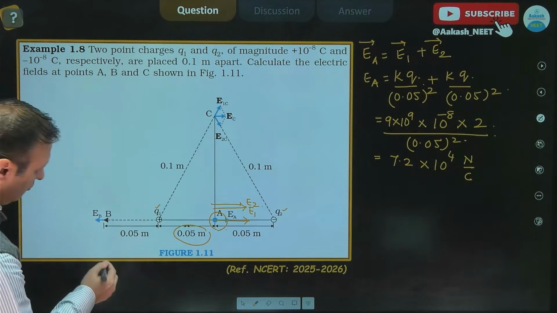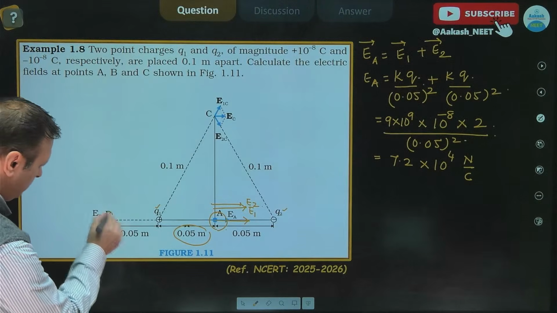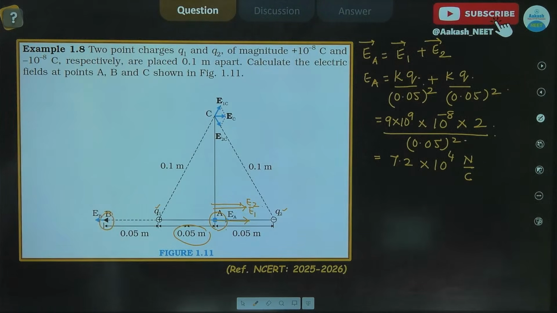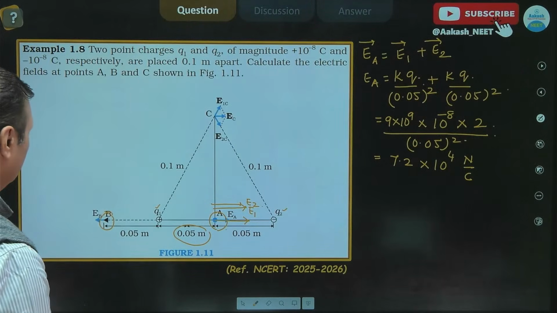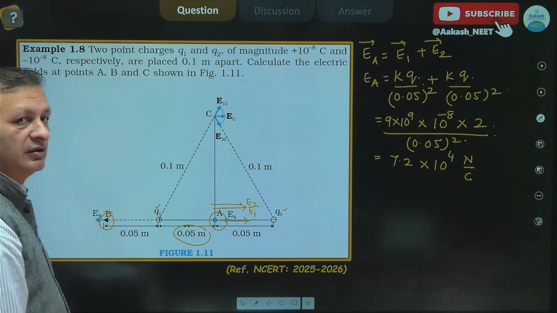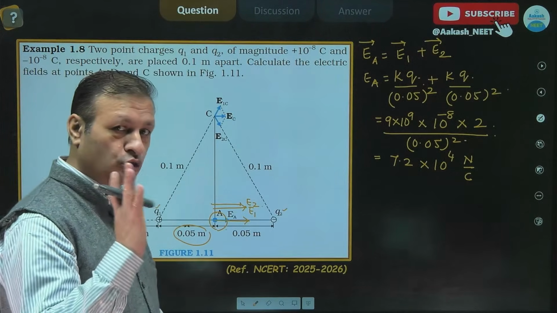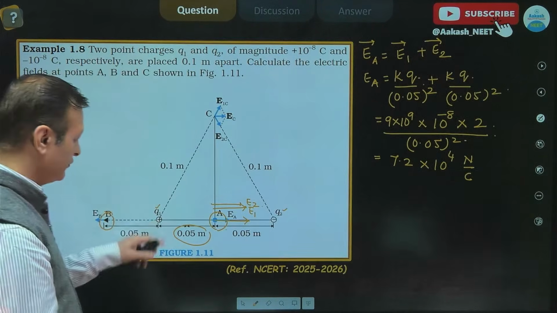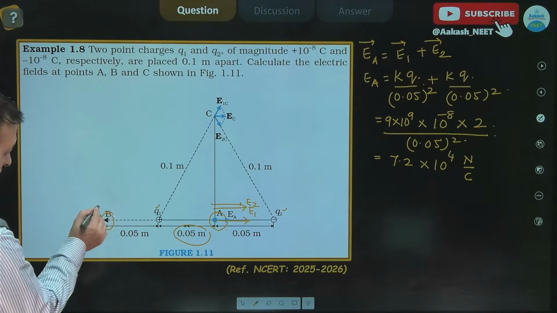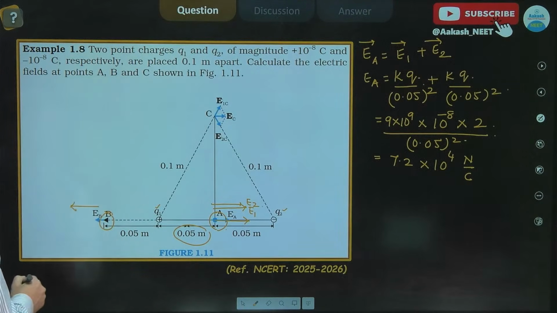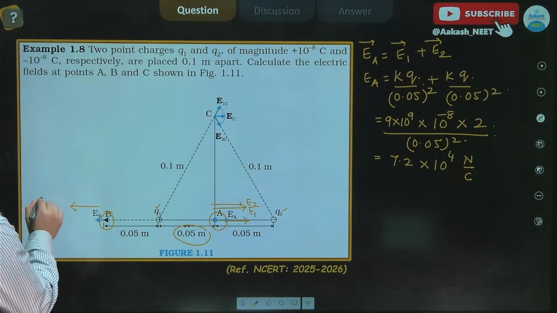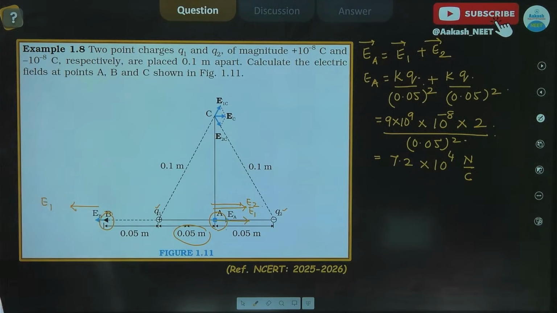Now we have to find out electric field at point B. Going by the same process, at this point we have electric field due to two charges. One is the positive charge, so electric field at this point B due to positive Q1 would be radially outward.